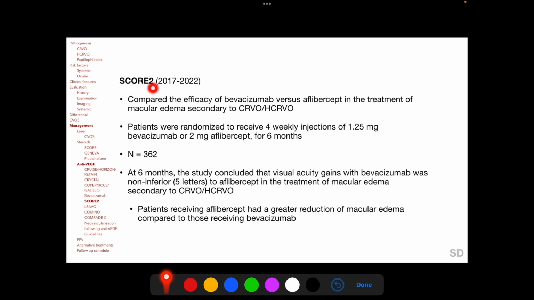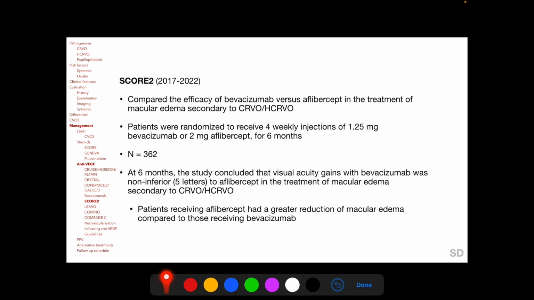The SCORE2 was an important trial comparing the efficacy of bevacizumab versus aflibercept in the treatment of macular edema secondary to CRVO or HCRVO. 362 patients were randomized to receive 4 weekly injections of either 1.25 mg bevacizumab or 2 mg aflibercept for 6 months.